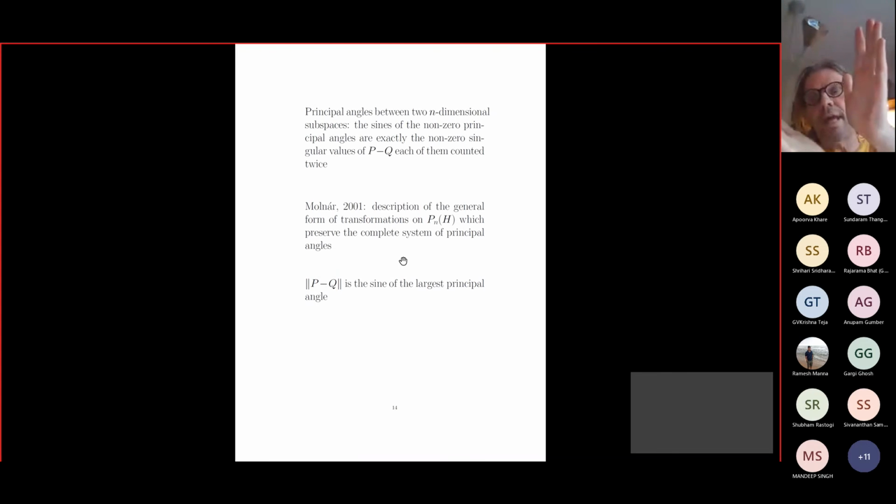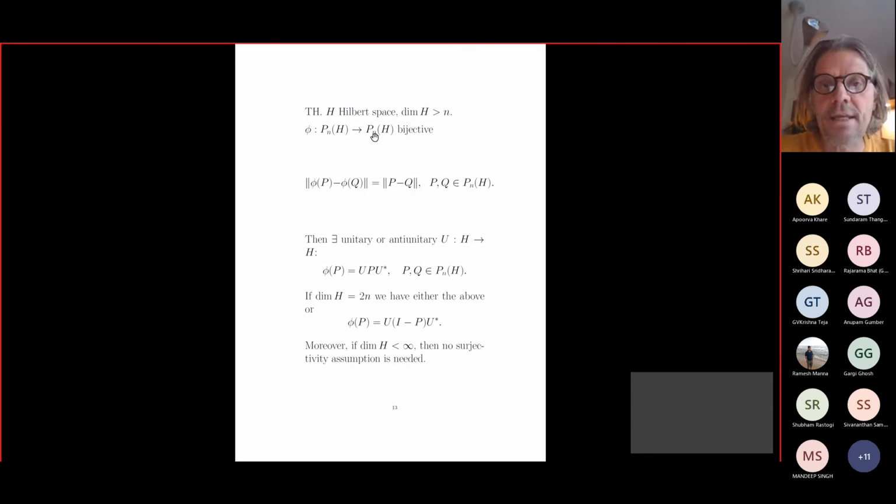The problem here is that, let's say that n equals 5. So we have 5-dimensional subspaces. How do we describe the mutual position of two 5-dimensional subspaces? If we want to describe this up to unitary isometry, then we actually need 5 angles. These are the so-called 5 principal angles.